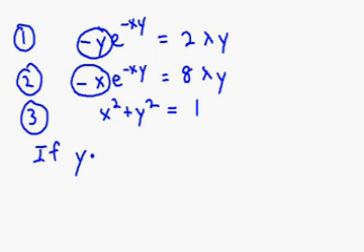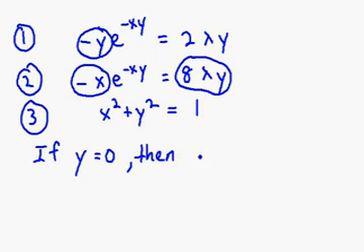By assuming that y does equal 0. If y does equal 0, then the right-hand side of this equation zeroes out. And we end up with negative x e to the negative xy equals 0.